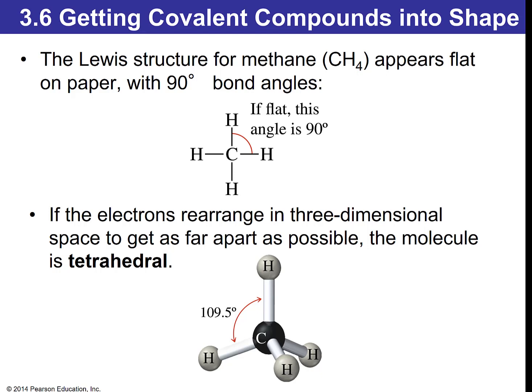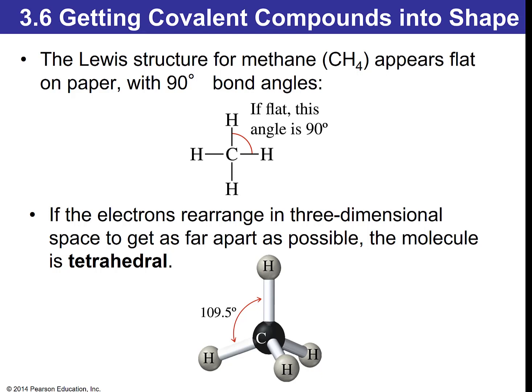It really doesn't. And so in this molecule, these electrons want to get as far apart from each other as possible. The furthest they can get apart is 109.5 degrees. So if you turn and look, every single one of these angles is exactly the same. When you stand this up, it creates a shape that has 4 points and 4 sides.